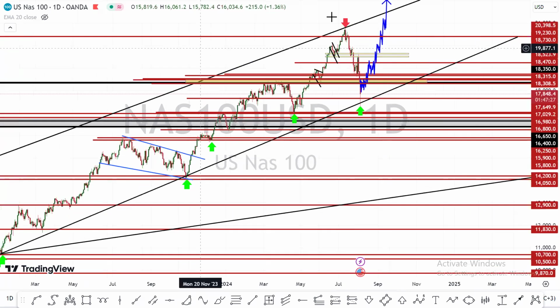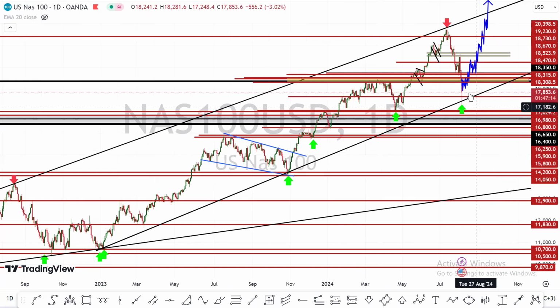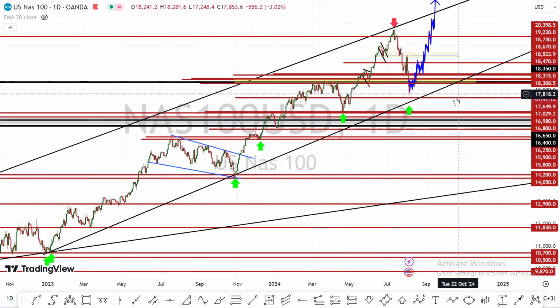So as you can see, first touch, second touch, third touch was spiking. You can see that the pairs are losing momentum and it's coming from a key zone. That key zone is 17,680.